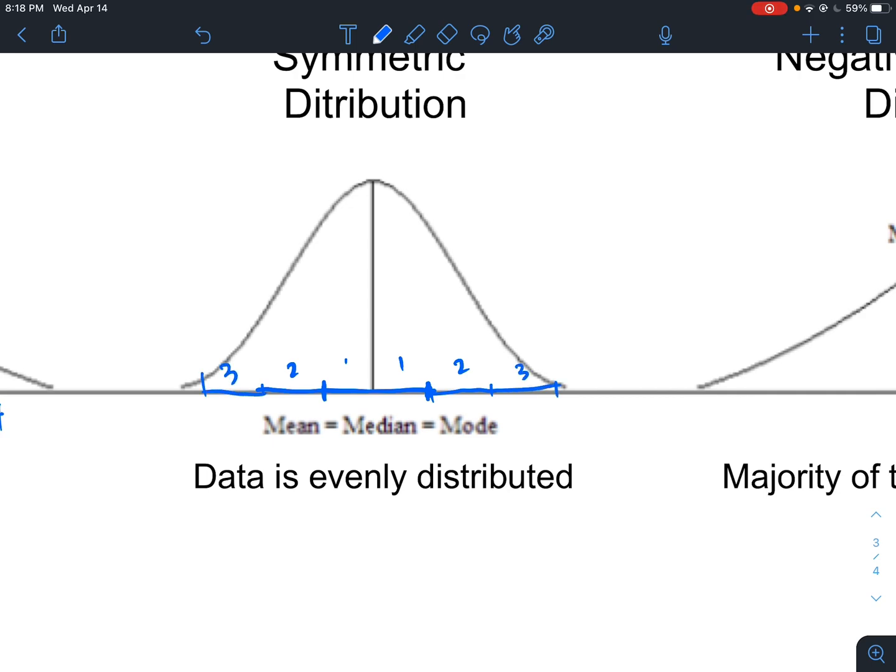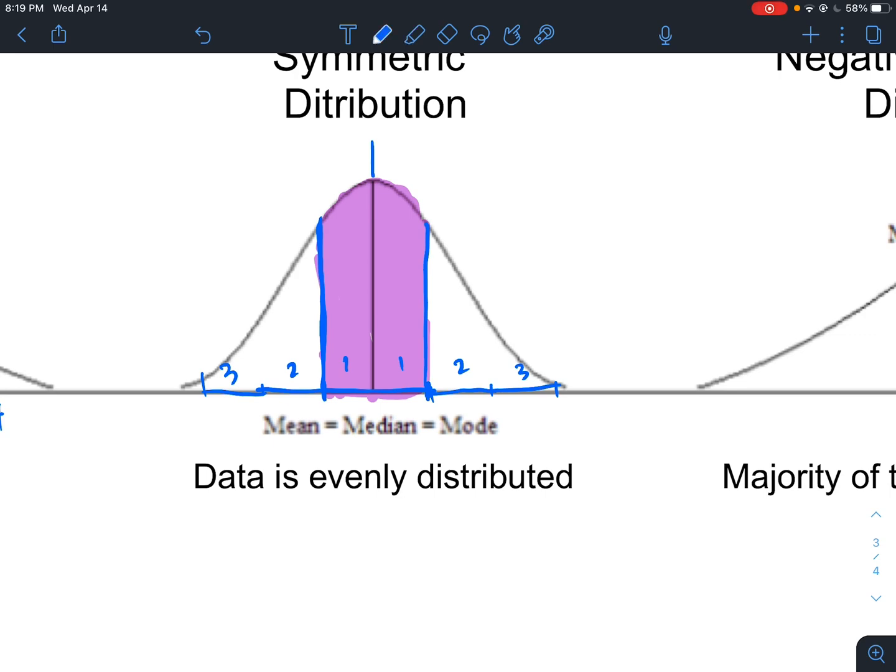And what this does is we could say, well, most of the students scored right here. This would be a large percentage of students. I should be specific about what we're talking about. If we're talking about test scores, this would represent where most of the students scored. So we could say that the majority of students scored within 1 standard deviation of the average.